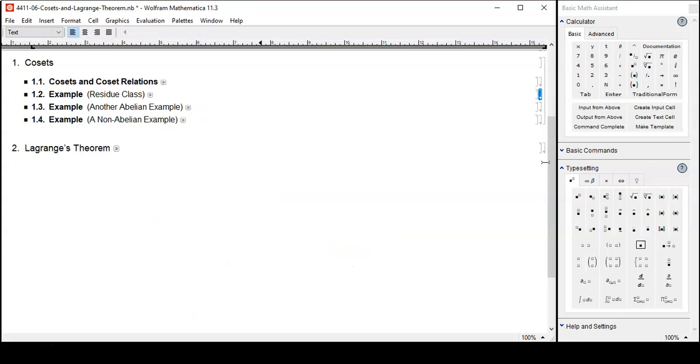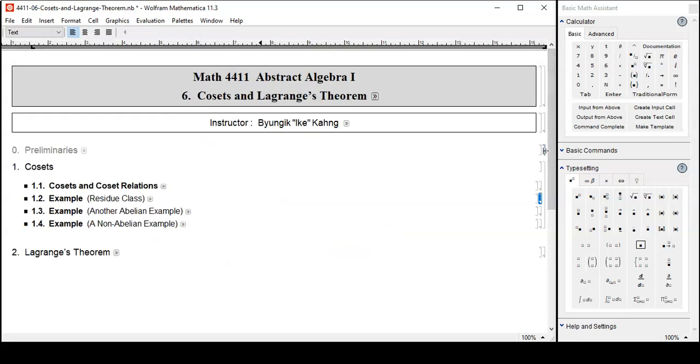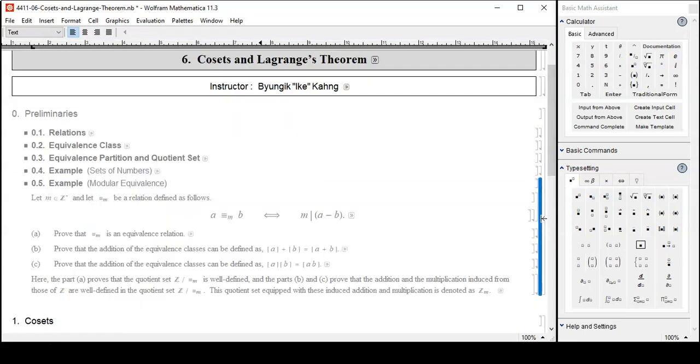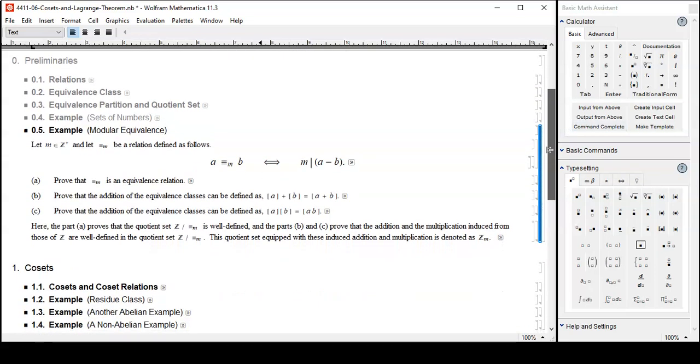And this construction is essentially the same as this construction we considered earlier. The equivalence relation, instead of the coset relation, we define directly with congruence modulo m. And then we show the induced operation is indeed well defined.